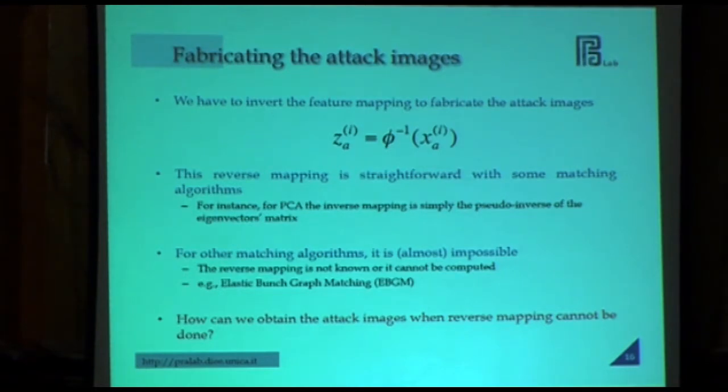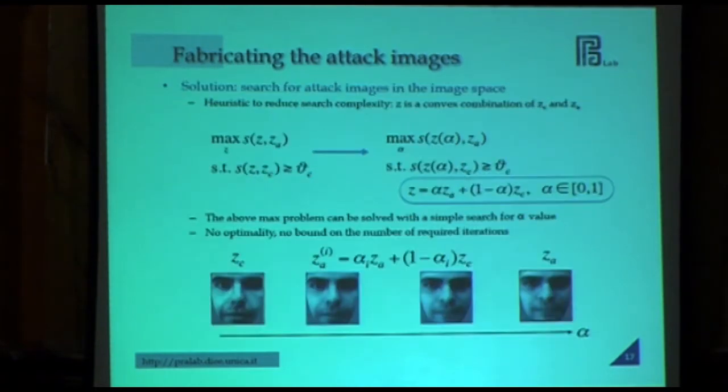But in the paper, we propose a suboptimal solution. When the matching algorithm is too complicated and you are not able to map back from feature vector to images, we use a suboptimal poisoning attack. And basically what we do is searching for attack images directly in the image space, not more in the feature space.